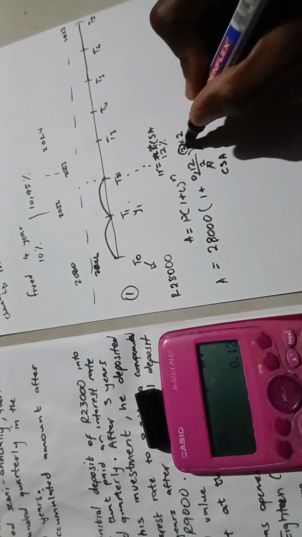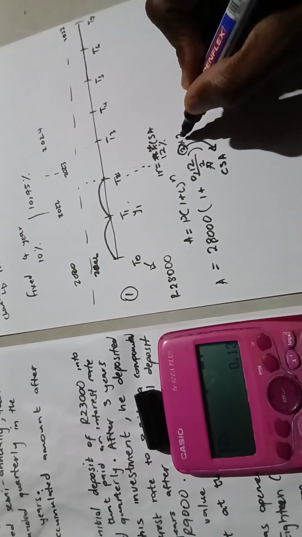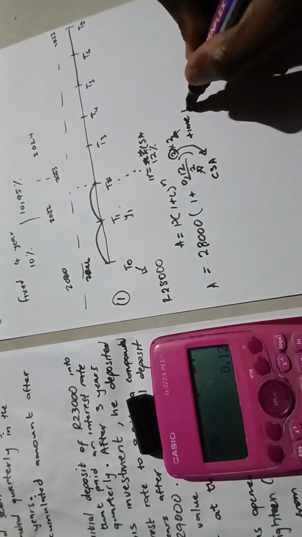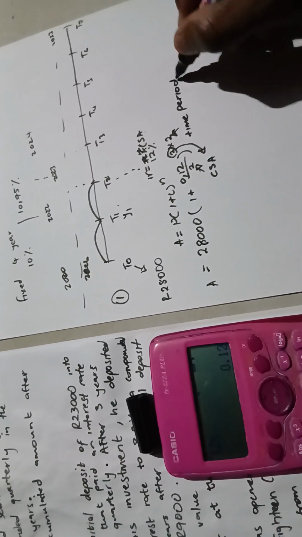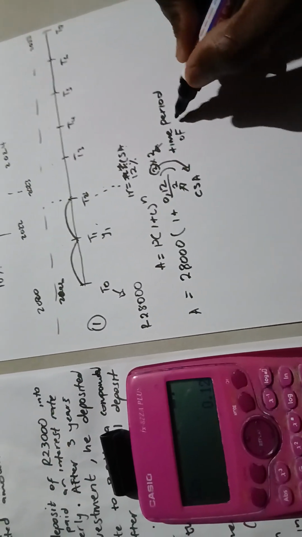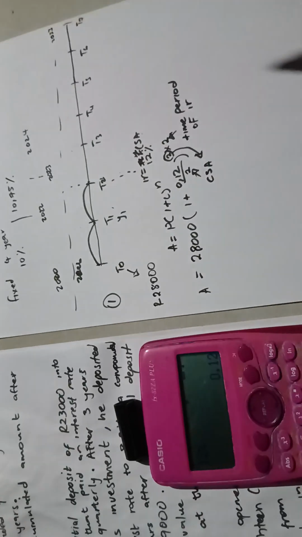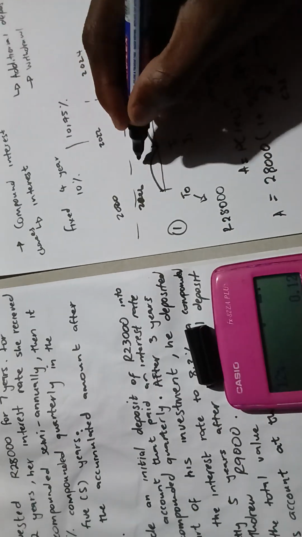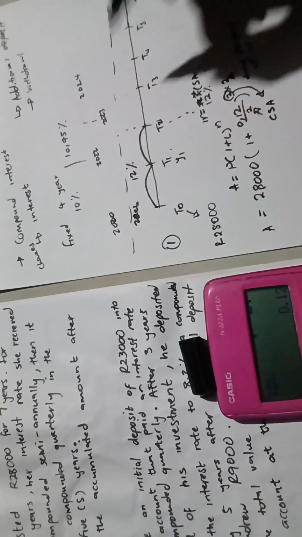Also, this one is for the compounded semi-annually. This is for the time period of this 12% interest rate.